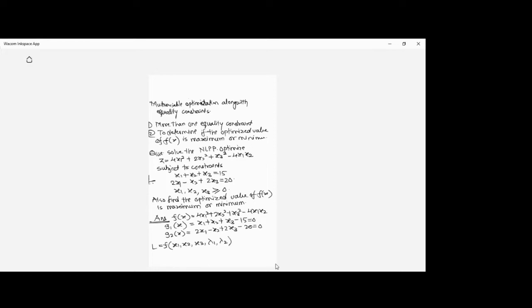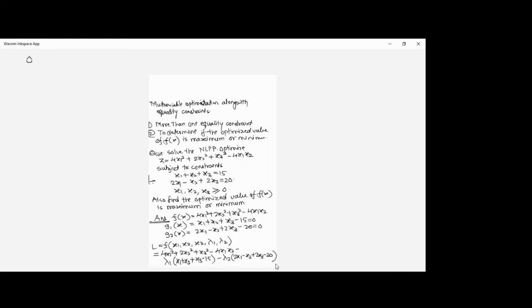So with yesterday's knowledge we can write it as 4x1^2 + 2x2^2 + x3^2 - 4x1x2 - lambda 1 (x1 + x2 + x3 - 15) - lambda 2 (2x1 - x2 + 2x3 - 20).